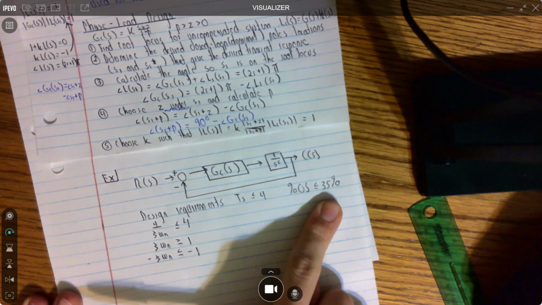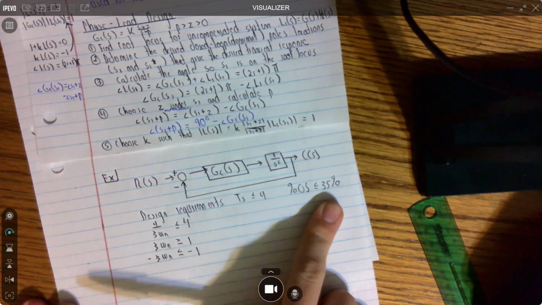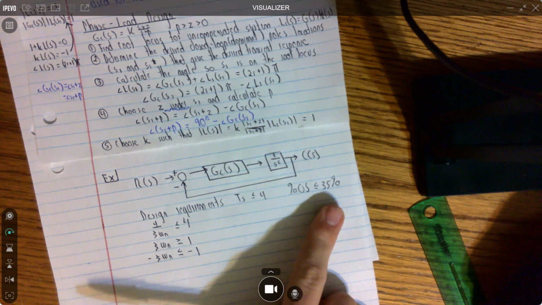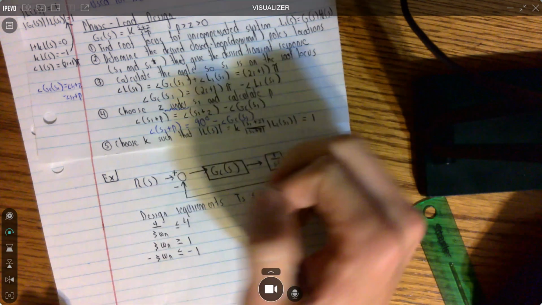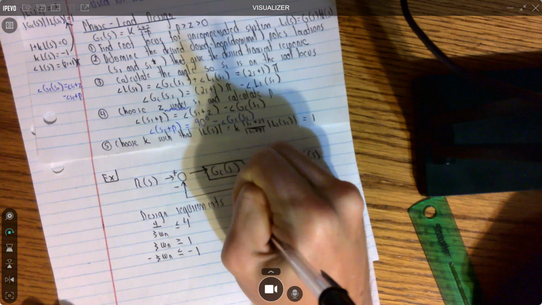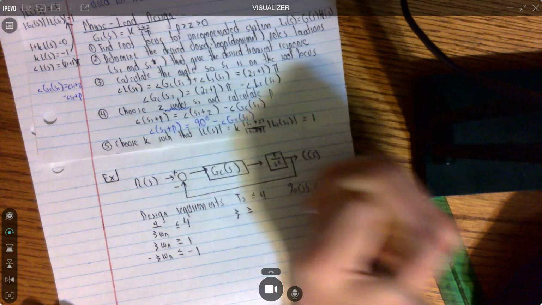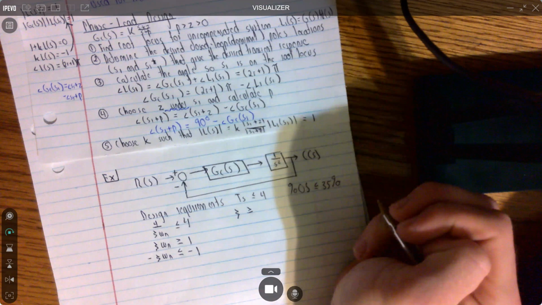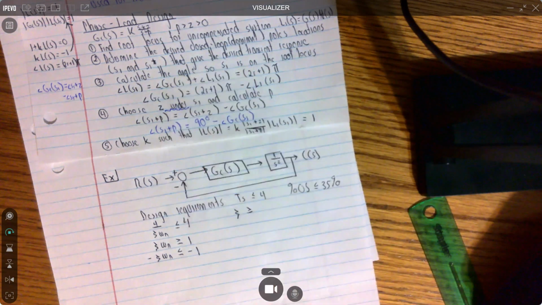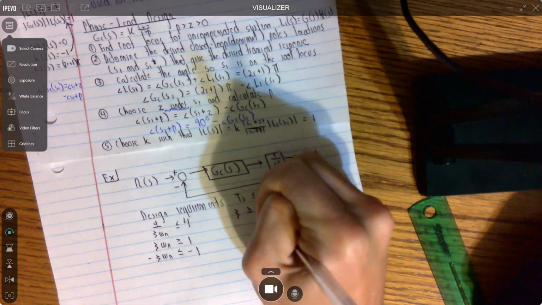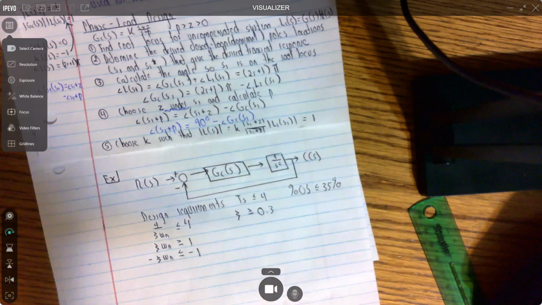What we're going to see specifically from here is zeta is going to have to be greater than or equal to something. And if we look at our table for the values of zeta, our zeta, if we want to achieve this, has to be greater than or equal to 0.3. So if you look at that table for your zeta values, that's what we know.